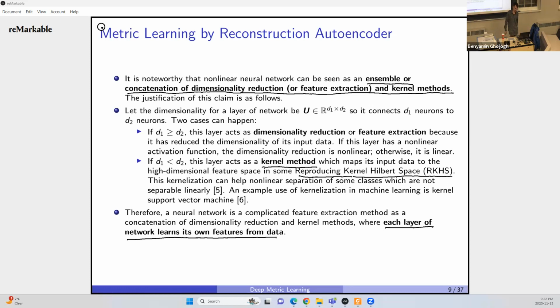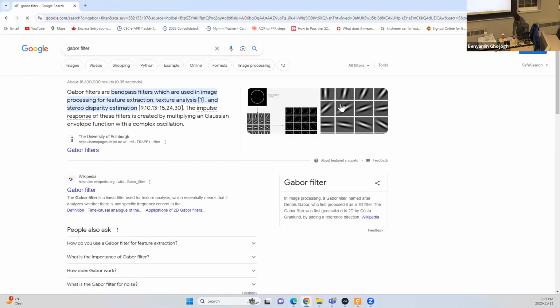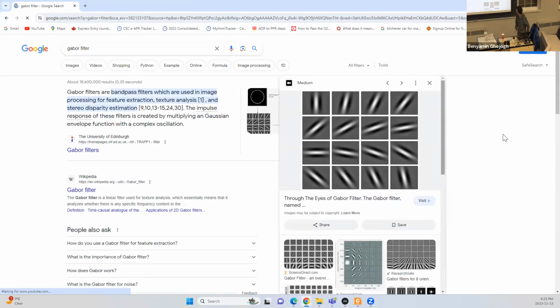They become kind of similar to sine and cosine patterns. They are called Gabor filters. Have you heard of Gabor filters? Let me Google it for you, so you see its figure. Gabor filter. It's like this.